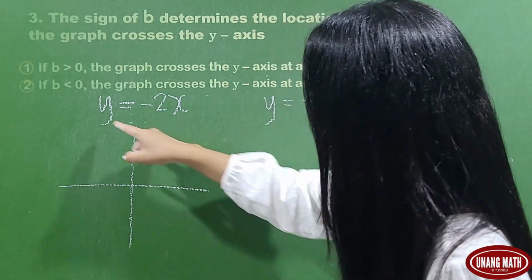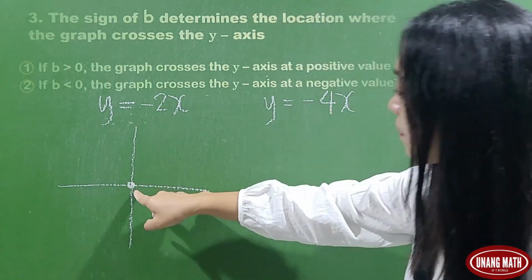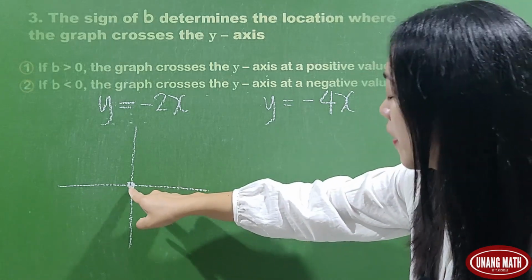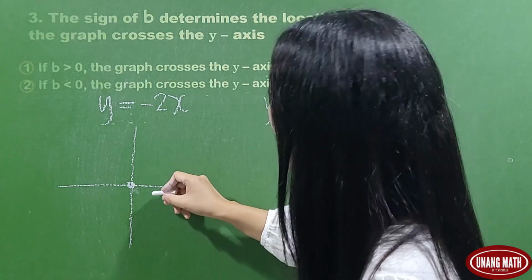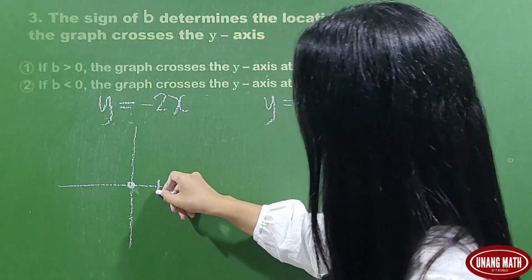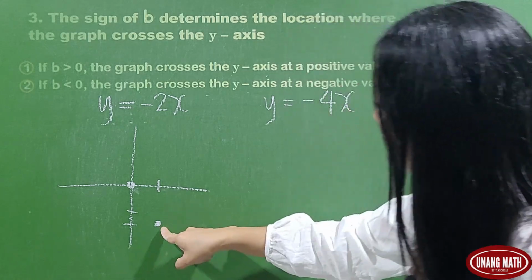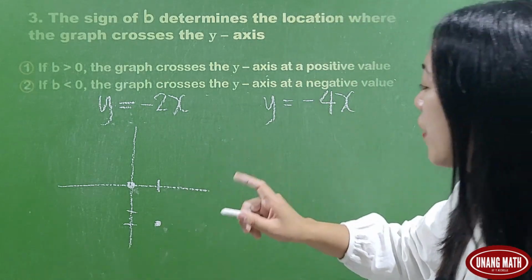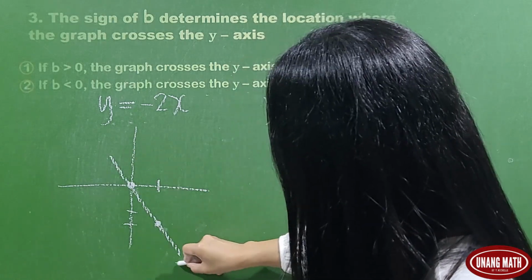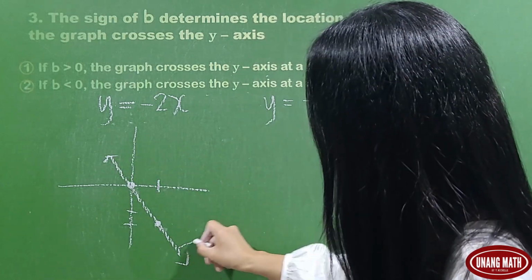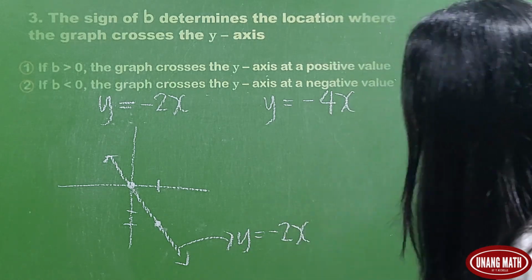So if we will graph y is equal to negative 2x, our first point is at the origin, and let's get another point. So if x is 1, then our y is negative 2. So the another point is this point. And if we are going to graph, then the graph looks like this. So this is y is equal to negative 2x.